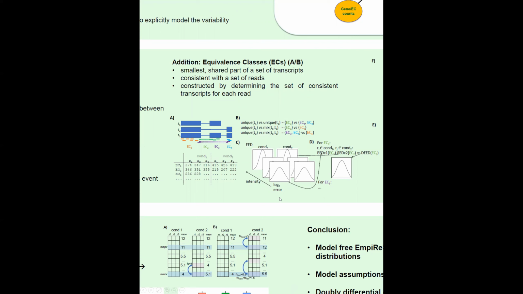For the empirical error distributions, the log2 error between the replicates is computed and divided into varying intensity bins. In order to compute the differential error distribution, the two error distributions of the respective conditions are subtracted, and this is performed for each equivalence class.